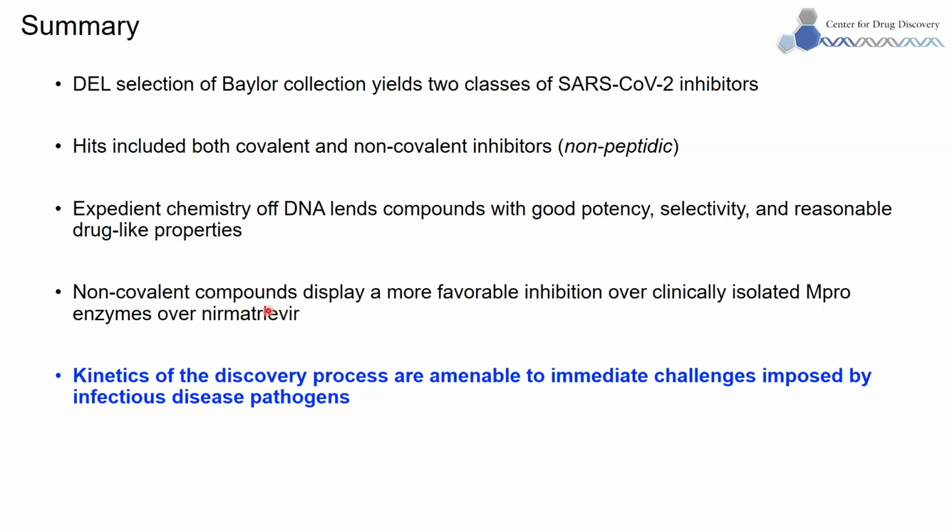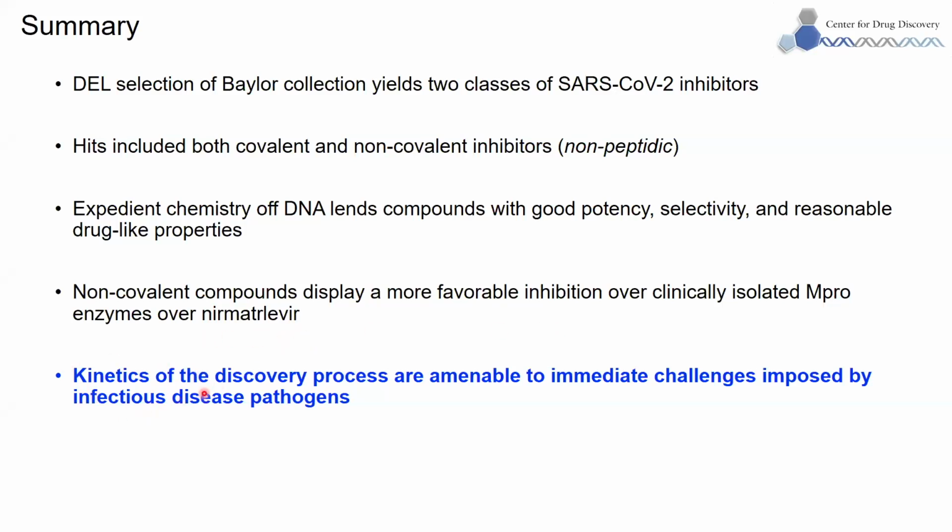And again, as I mentioned before, both types of inhibitors, non-covalent and covalent, can be derived from the same selection process, and showed favorable inhibition compared to the clinically approved drug nirmatrelvir.